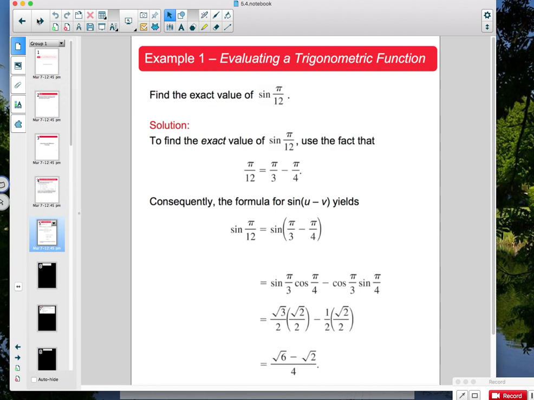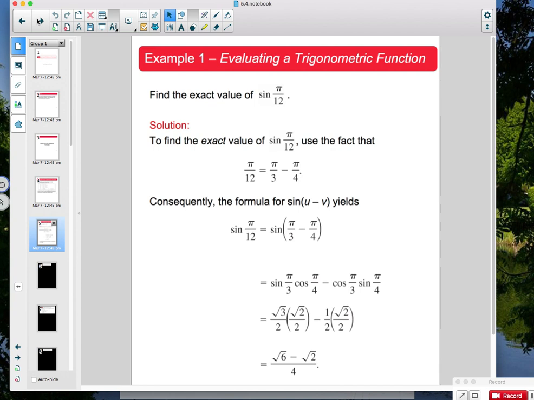I'm not saying it's easy. It's a combination of pi thirds minus pi fourths. So pi over 12 in terms of fractions is 4 pi over 12 minus 3 pi over 12. So you can express pi over 12 as a difference of pi thirds minus pi fourths.